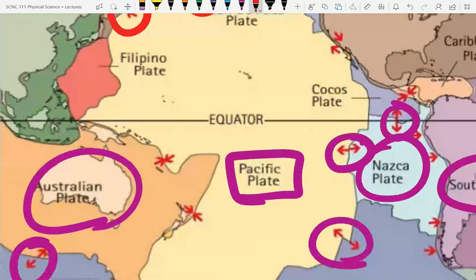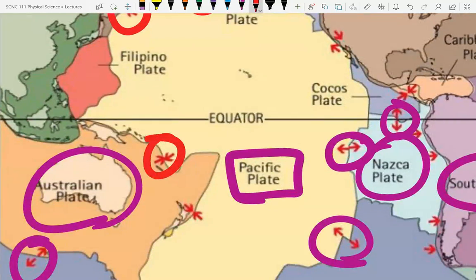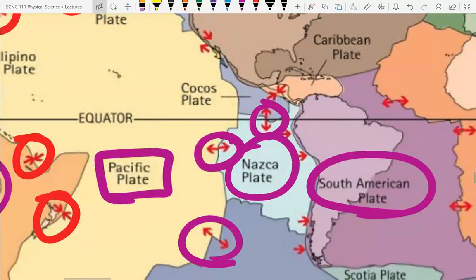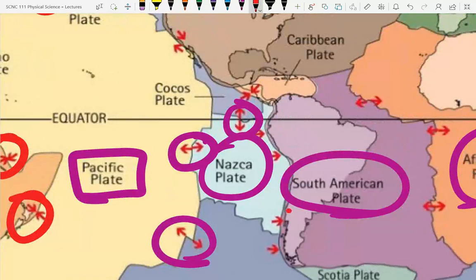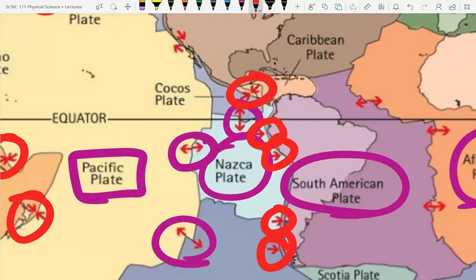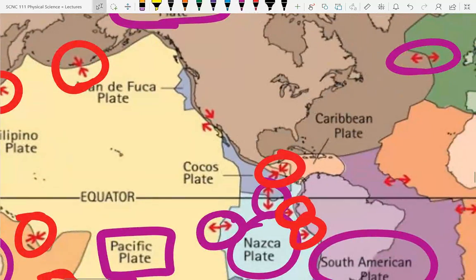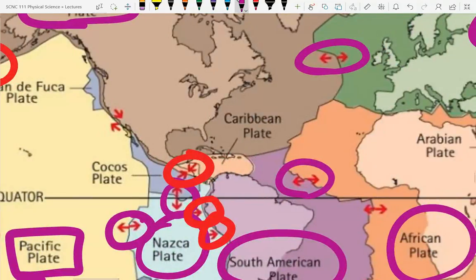Converging there, volcanoes. Converging, volcanoes. The red places there are going to have volcanoes because of the converging. The places that were diverging, there's diverging again. The diverging are the mid-ocean rifts.